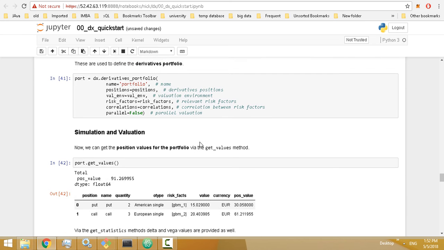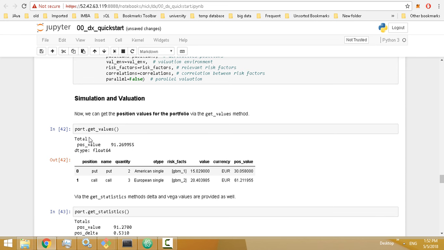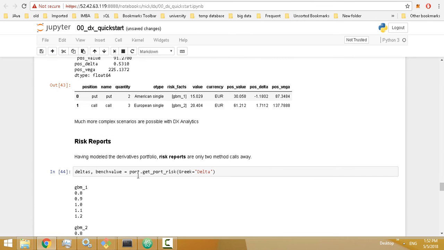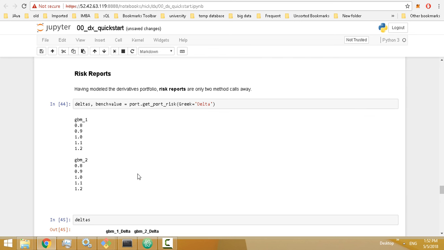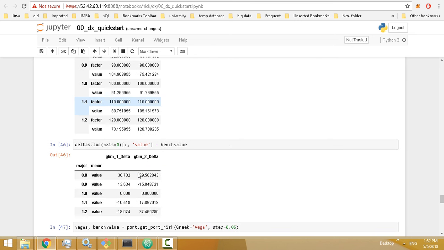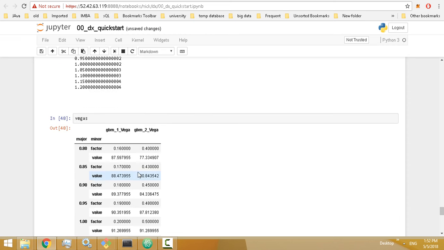So when we do that and we write portfolio.get values, we get these positions, and right now the position value is this, and this, and the value is this, and then we can get the two statistics like position value, position delta, position vega, and then we can write the risk report on the delta and the benchmark value.